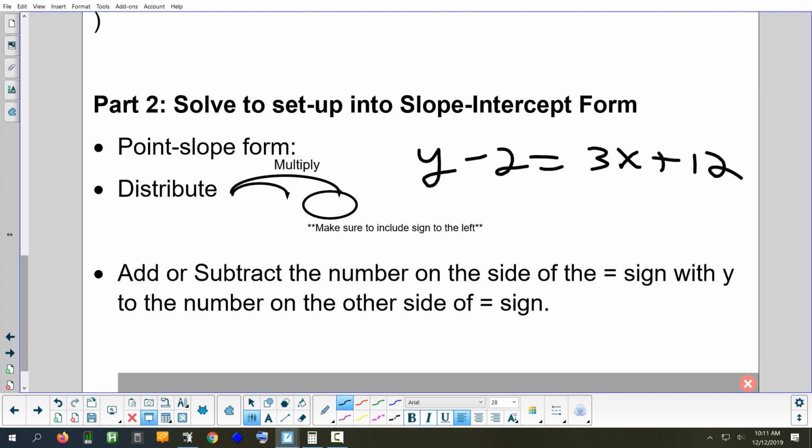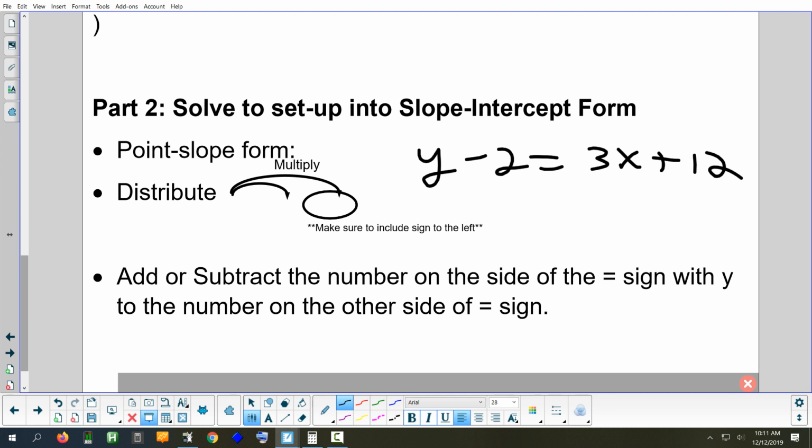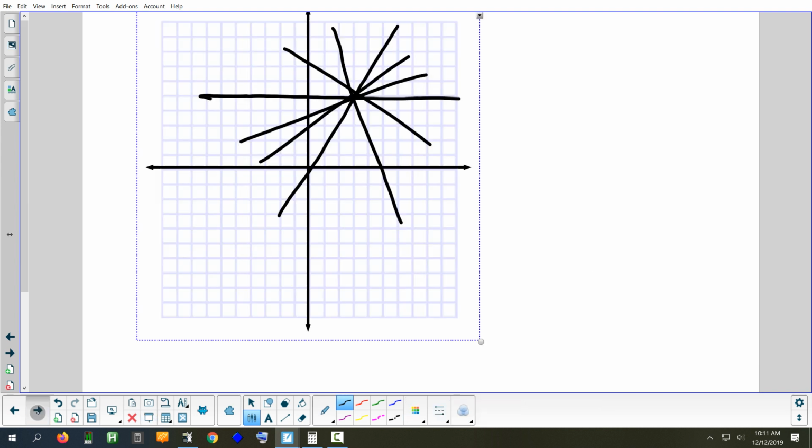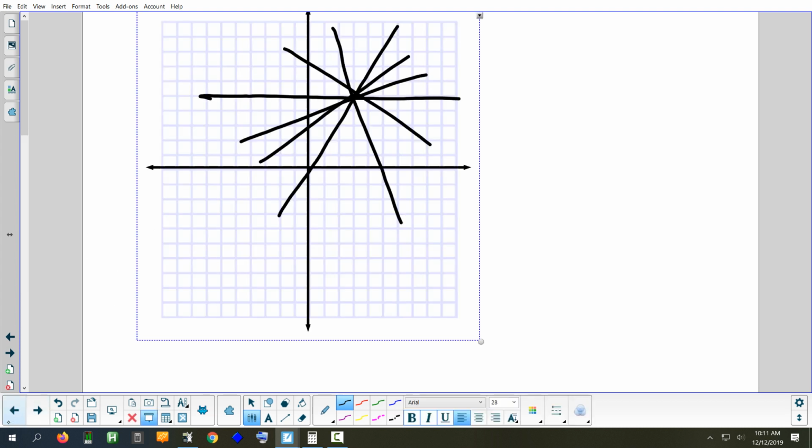Does everybody have part 2? All right, so we'll do this one together. Wait, do we have an example 1 that we kind of skipped?